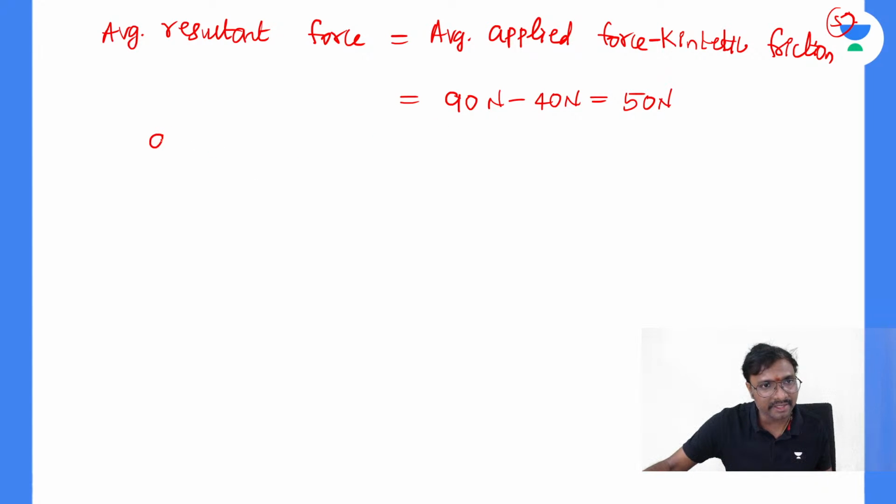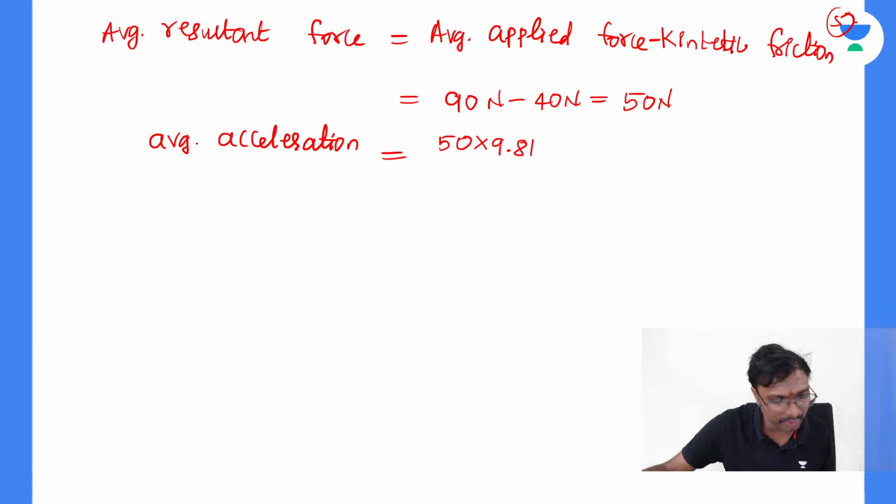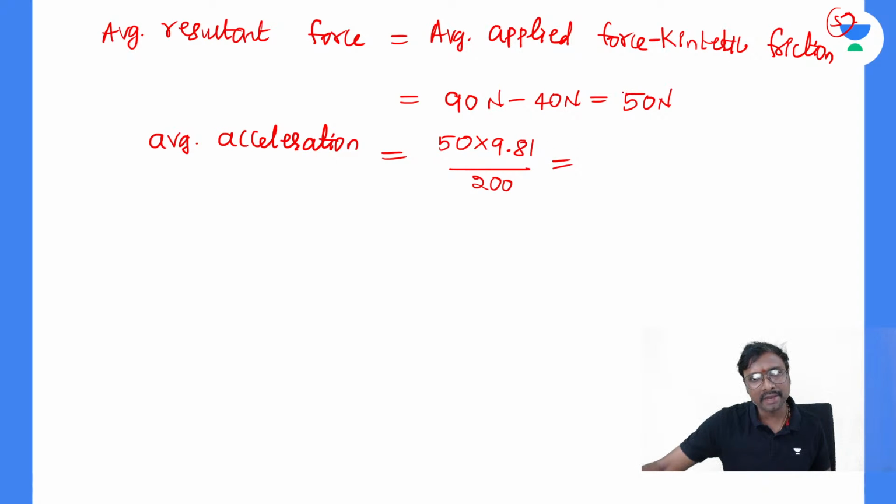So now what is the average acceleration, everyone? Average acceleration A is equal to the average resultant force, let us say R, divided by the mass. The average resultant force is 50 newtons, divided by the mass.